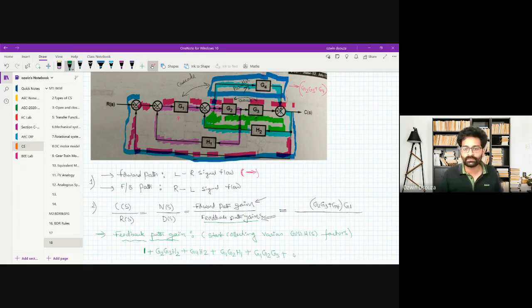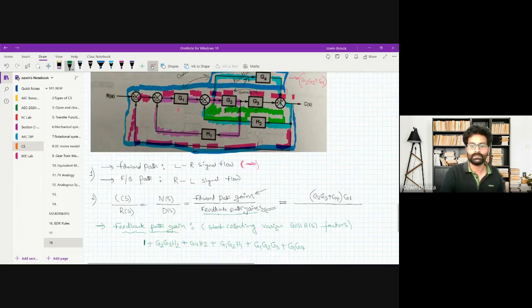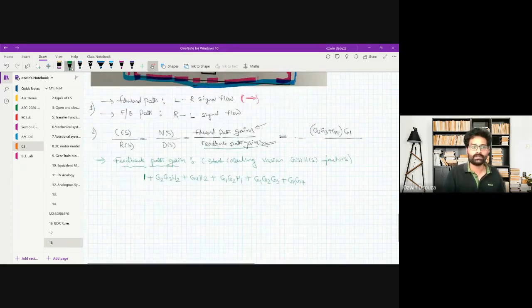So what is the transfer function? Look at this, the top path. It is basically G1 into G4 into 1. So G1 into G4, that is the forward path gain into the feedback path gain, which is 1. So there you are. So that's your transfer function.